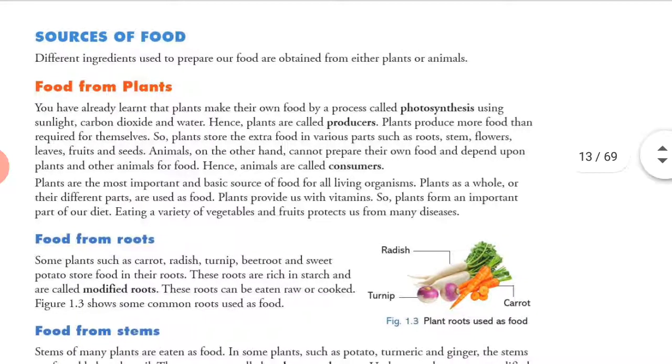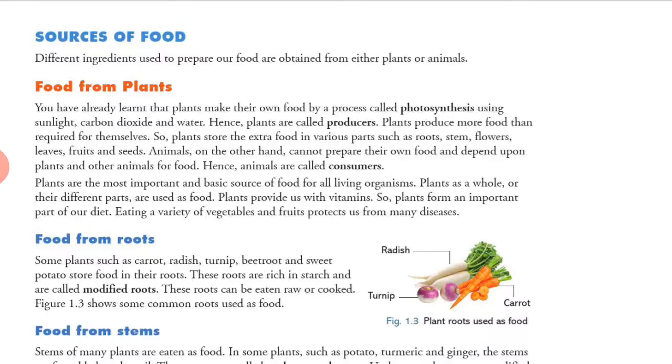Sources of food. Till now in this chapter we studied about why we need food, what is food, and the availability of food according to the region also we studied. Different ingredients used to prepare our food are obtained from either plants or animals. Food from plants.